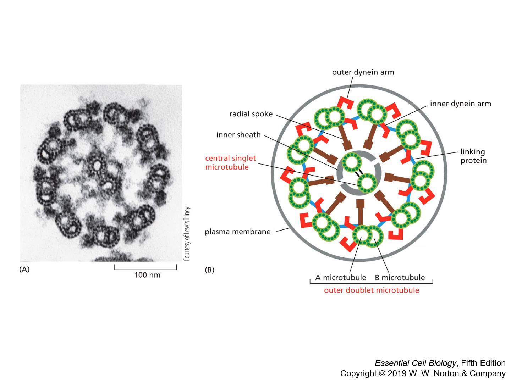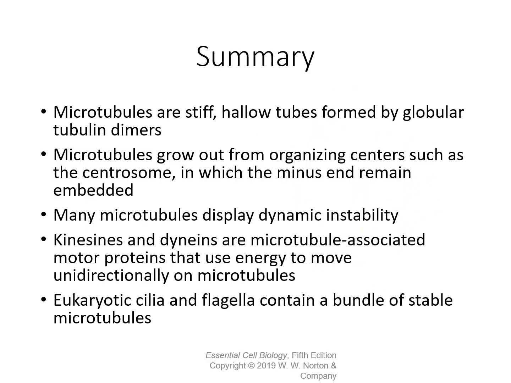So cells utilize the stable structures of cilia and flagella for motion, locomotion, and removal of particles from respiratory tracts and things like that. In summary, we learned about microtubules, which are stiff hollow tubes formed by globular tubulin dimers. You now know that tubulin dimers contain both alpha and beta tubulin.